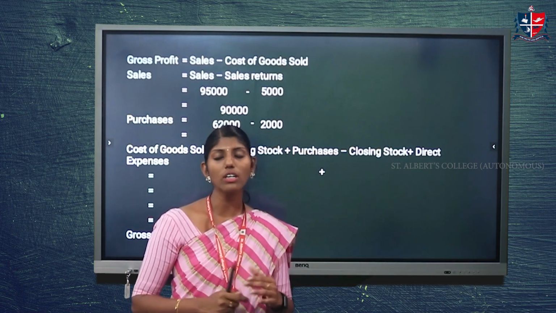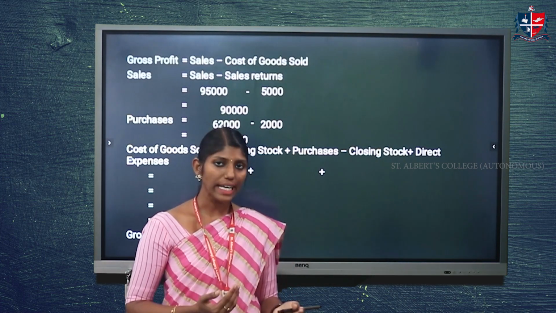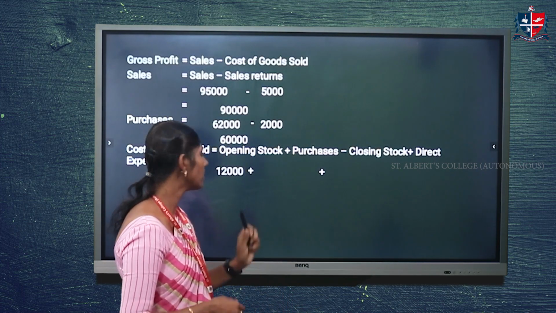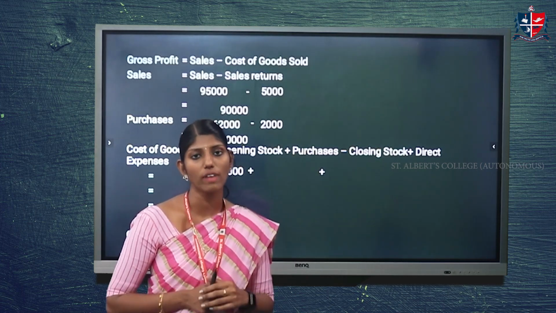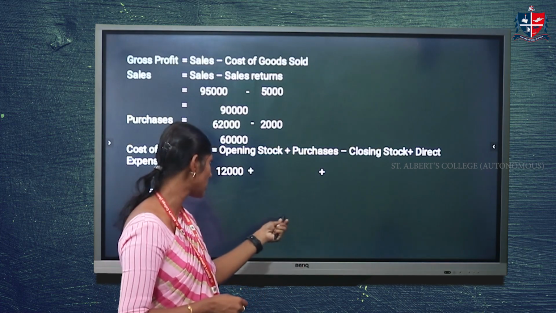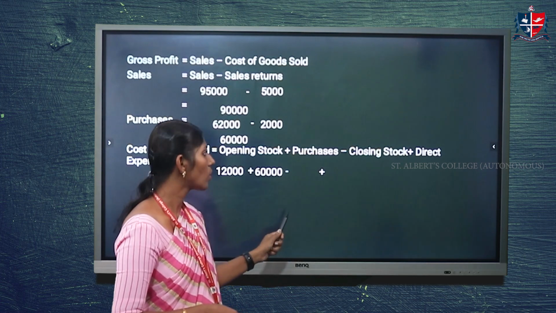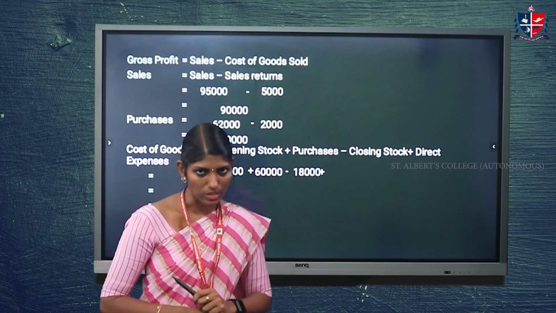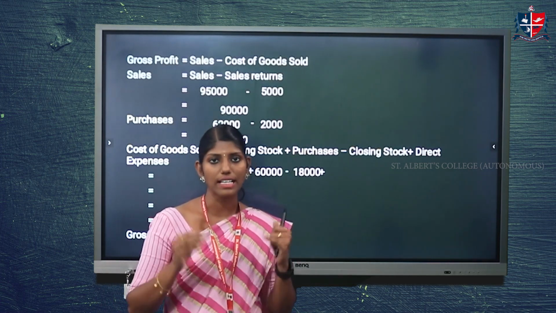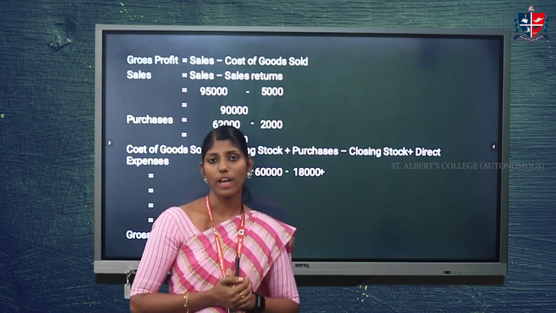Now we can move on to the cost of goods sold equation. Opening stock plus purchases minus closing stock plus direct expenses. Here the opening stock we know is 12,000. So 12,000 plus purchases, that is 60,000, minus closing stock. Closing stock amounts to 18,000 plus direct expenses. Here direct expenses is the sum total of carriage inwards, wages and manufacturing expenses.